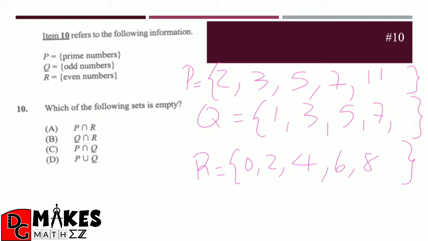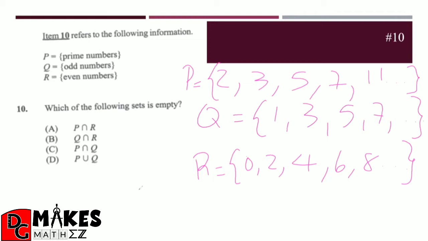Now, which of these sets is empty? P intersect R, Q intersect R, P intersect Q, or P union Q. One of these sets is an empty set, meaning there are no elements that fit within that set. All right, so let's take a look at it.